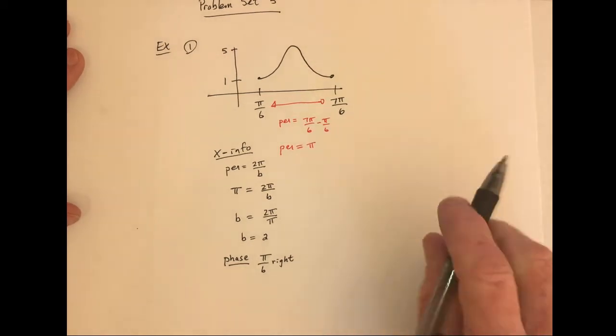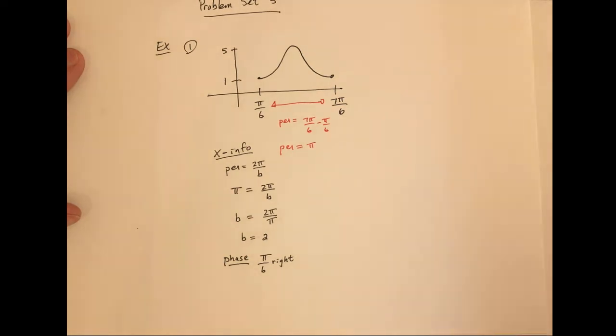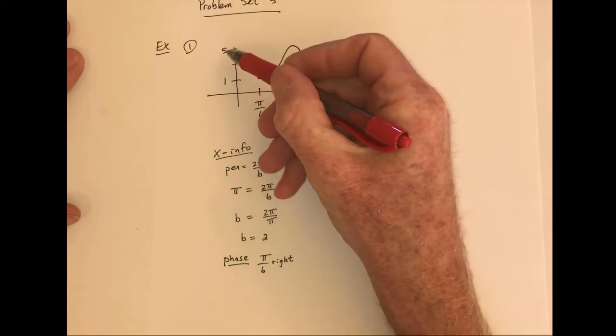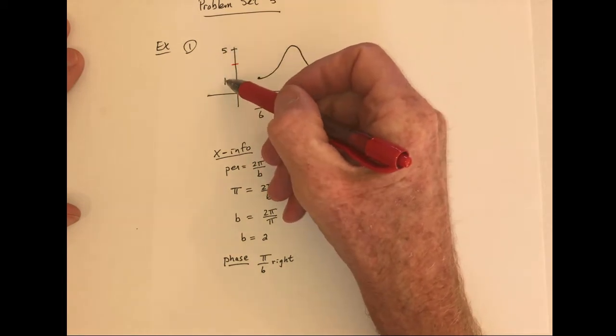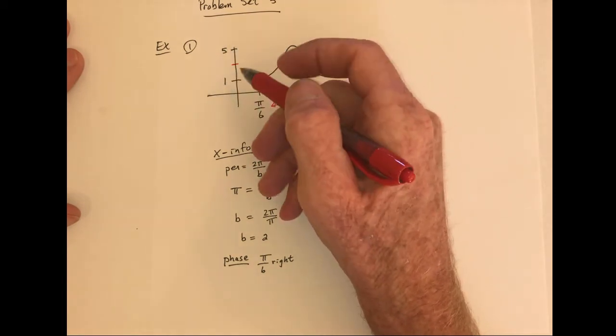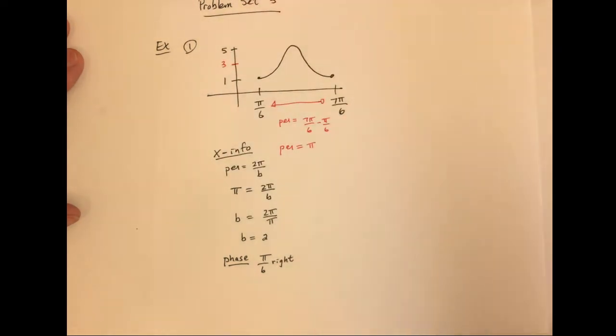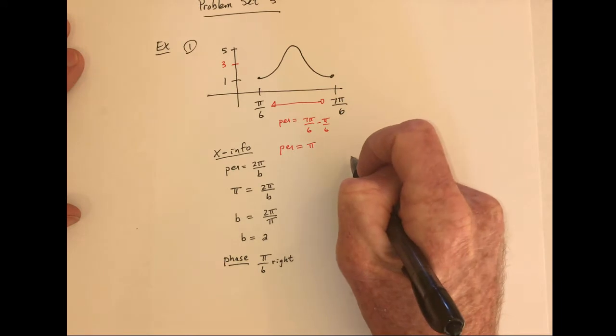Then for the y information, well, for one thing, I need to know what's in the middle of this 1 and 5. So if you add them together, that's going to be 6. Divide by 2, that's going to be 3. And that number right there that's in the middle, that's the vertical shift.